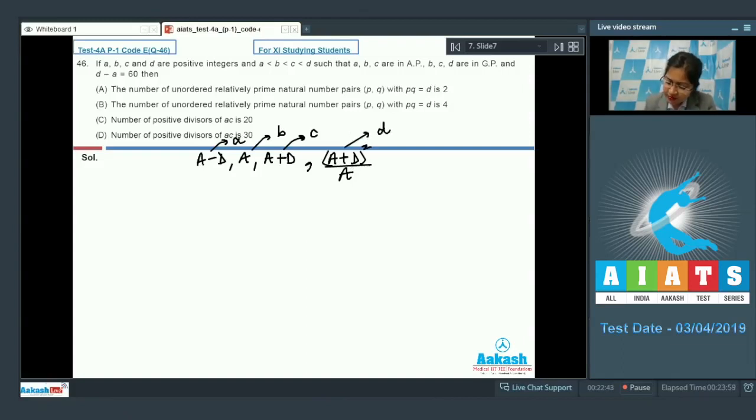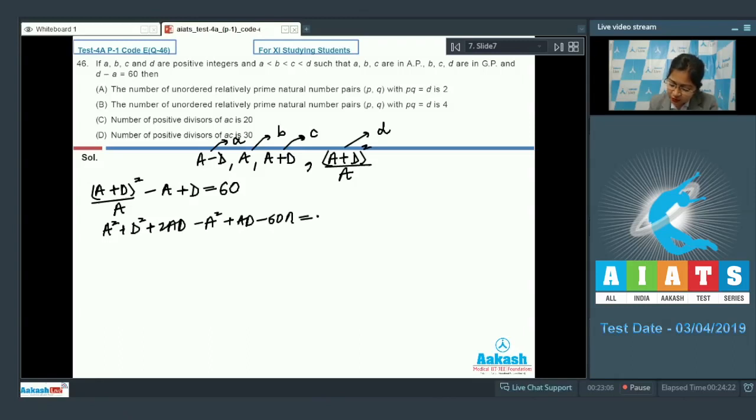So we are given that D minus A is equal to 60. So let us put that A plus D whole square upon A minus A plus D is equal to 60. So we have A square plus D square plus 2AD minus A square plus AD minus 60A is equal to 0.